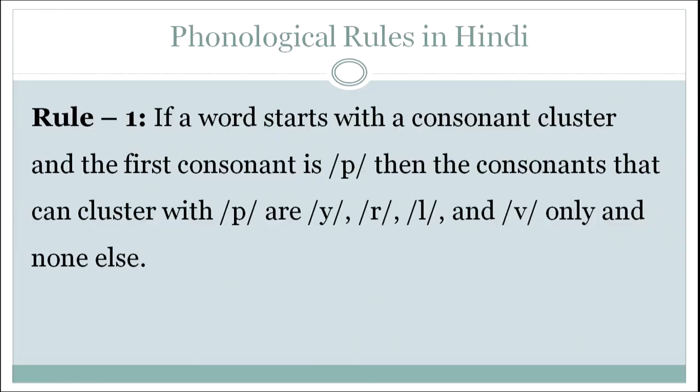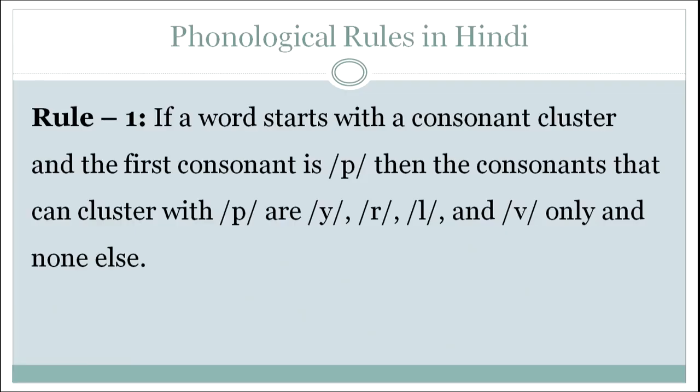Now, in a language there are different rules which govern a particular language. So if we talk about Hindi, then the rule comes that if a word starts with a consonant cluster and the first consonant is P, then the consonants that can cluster with P are Y, R, L and V only and none else.